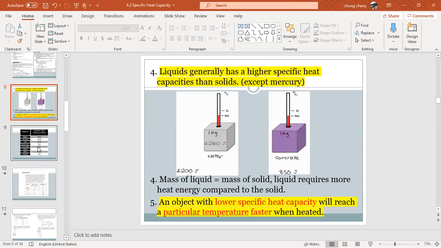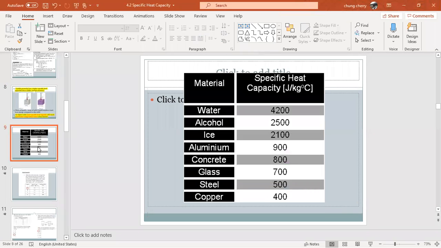Okay, so this is a list. Don't worry, in your exam, if they ask you to find specific heat capacity, the value will be given. As you can see, liquids, for example water and alcohol, have a higher specific heat capacity, which means that it needs more heat to increase the temperature.